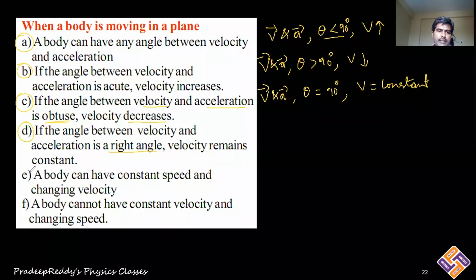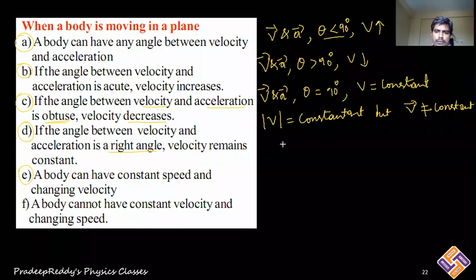Right? Next, the body can have constant speed and changing velocity. That means the magnitude of velocity may be constant, but the velocity vector is not constant.